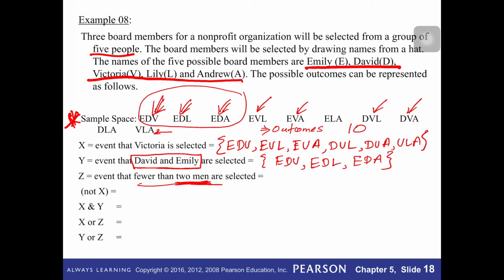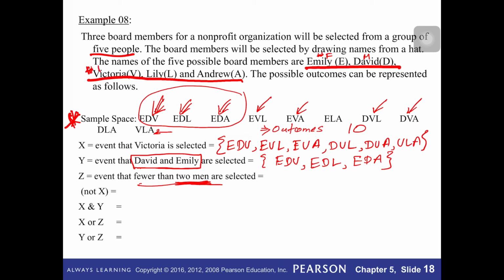So you have to find the genders. Emily, I think, is a woman. So first I'll write down: Emily is W, David male, Victoria female, which means W. Okay, we will use male and female, that's fine.